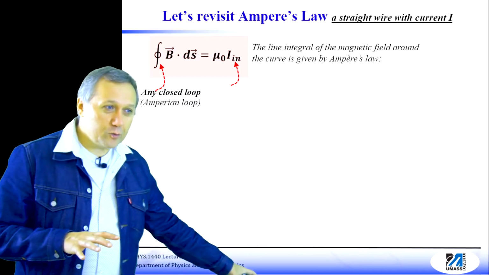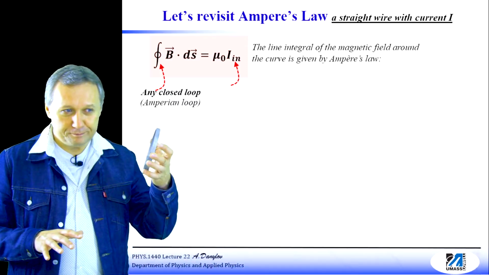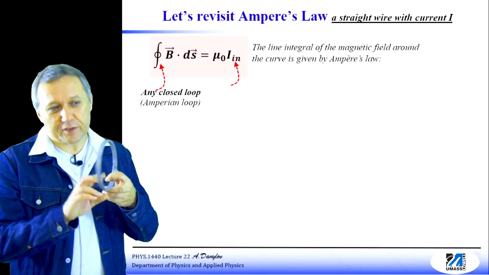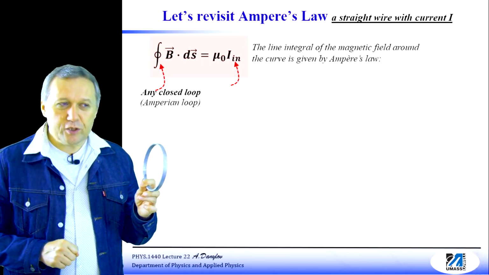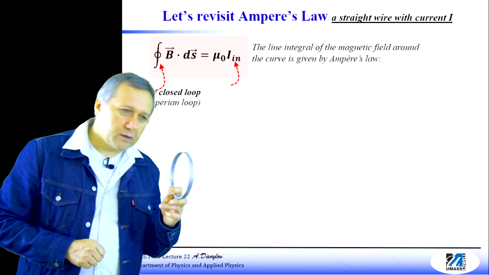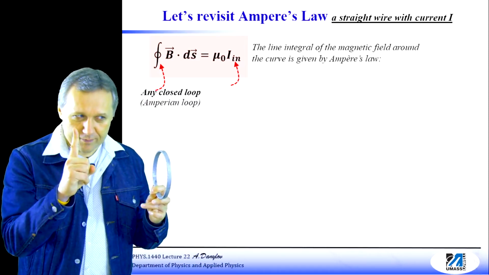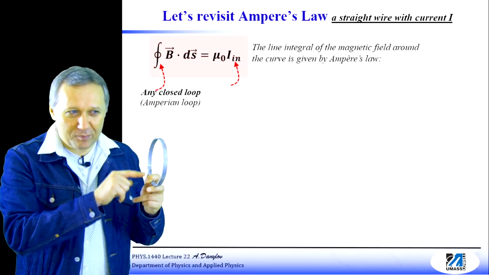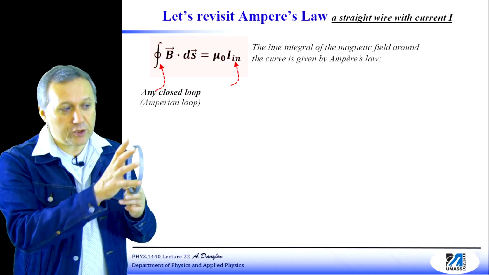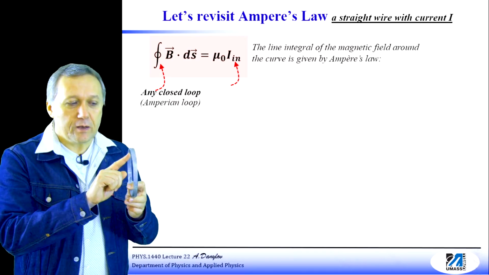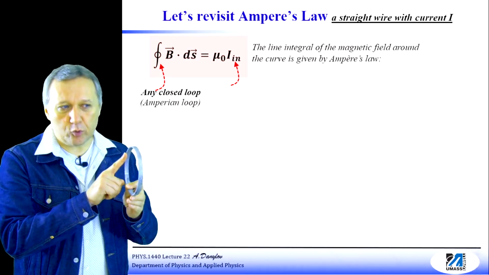Once you picked an Amperian loop, basically the first step, pick an Amperian loop. Then the second step, you need to pick any surface enclosed by your Amperian loop. What does it mean, a surface enclosed by the Amperian loop? It means that the surface must end on this Amperian loop all the time.